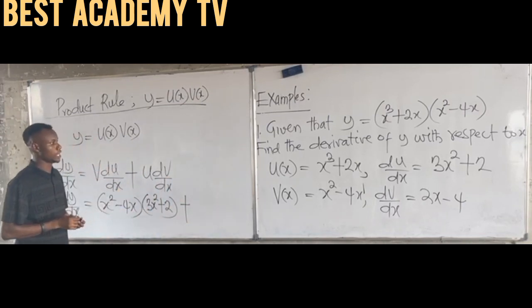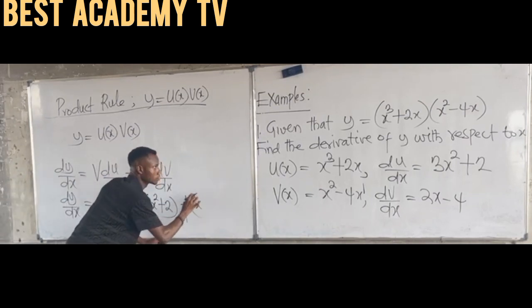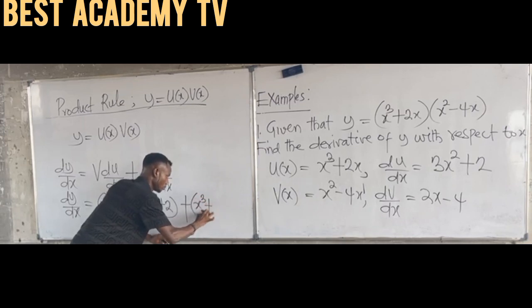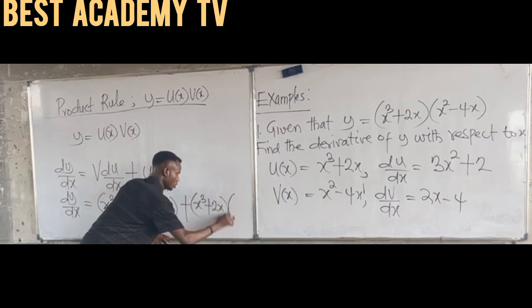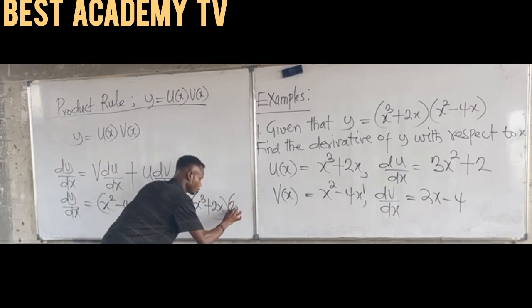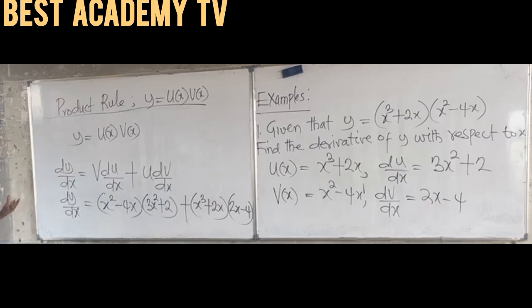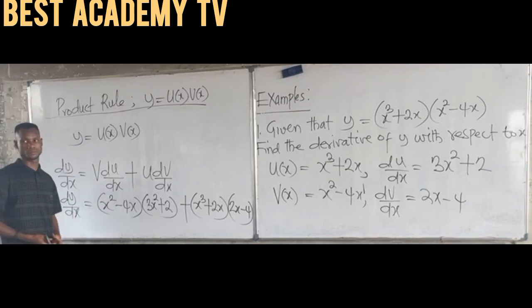Let's replace our u of s. What is u of s? s raised to 3 plus 2s, into, let's replace our dv/ds. What's our dv/ds here? 2s minus 4. Please take it. So the next thing here is to evaluate this. In mathematics, whenever you see brackets, first of all you open the bracket before you get to the next level. So let's try to open this bracket here.